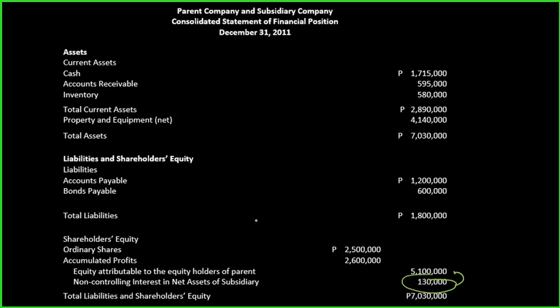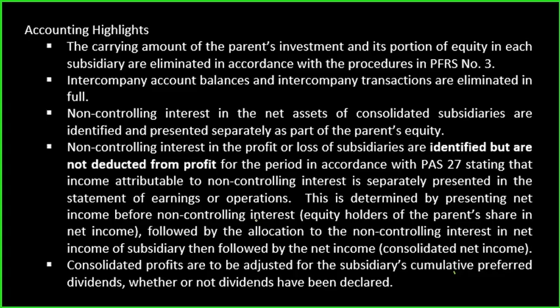Now, let's continue. Bilisan natin some highlights. Carrying amounts of the parent's investment and its portion of equity in each subsidiary are eliminated according to PFRS number 3. Intercompany accounts are eliminated. In the process of elimination, you have established the non-controlling interest in the net assets, which is shown in the consolidated balance sheet.